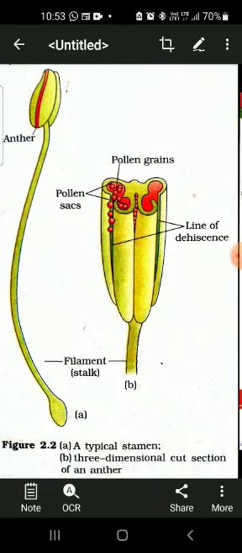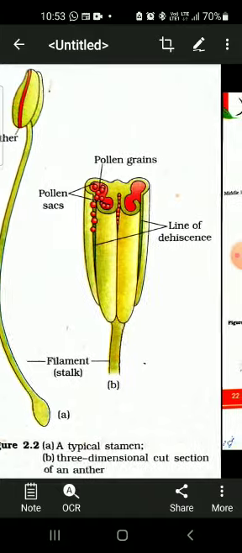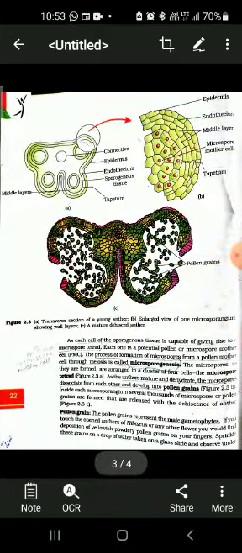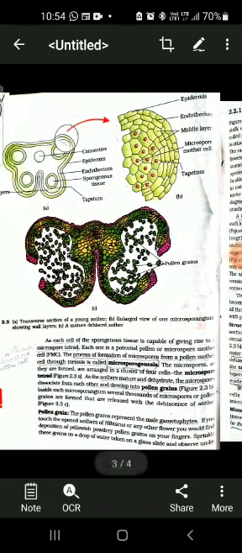In this diagram you can see the anther and its cross section, and on page number 22 you can find figure number 2.3, in which there is the cross section of the anther. In diagram 2.3b, you find that the outermost layer that forms the cover of the anther is known as epidermis.